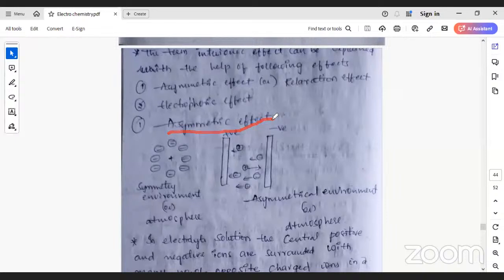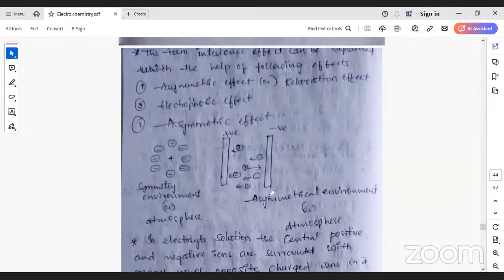The asymmetric effect: this is the central positive ion, which is surrounded by many negatively charged ions in a symmetrical manner, in the absence of an applied electric field. Once the electric field is applied, with a positive pole and a negative pole, the positive ions move towards the negative pole and the negative ions move towards the positive pole.